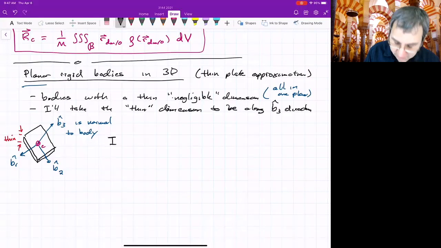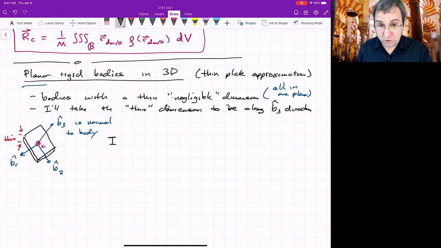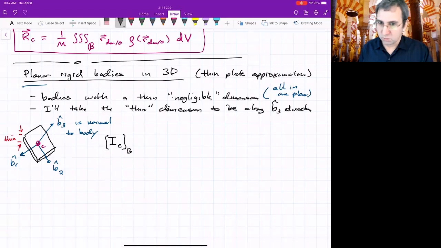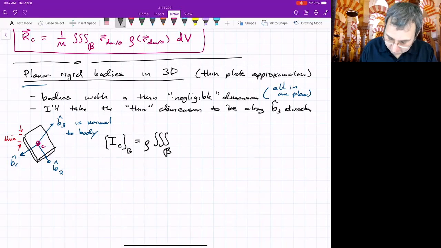So if we have the moment of inertia matrix about a point, let's just say the center of mass, it could be other points as well, and we're writing this with respect to the body fixed directions. I'm going to say the density is uniform. So I'm going to pull the density out, and then we just have a triple integral of, and I'll write all of the components.